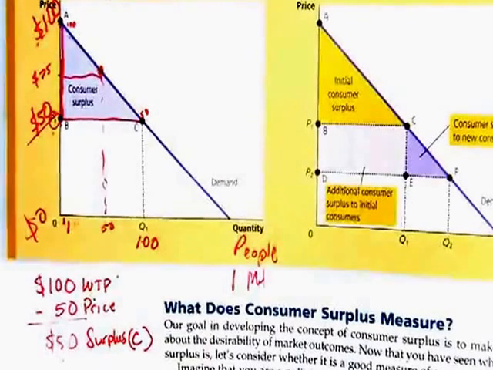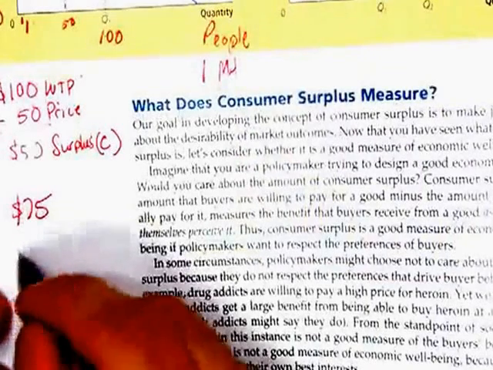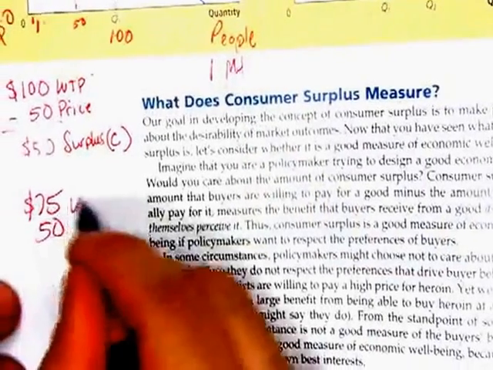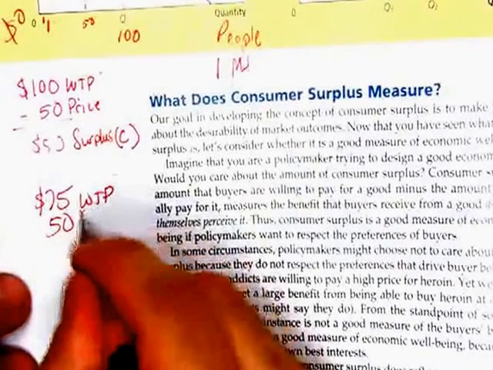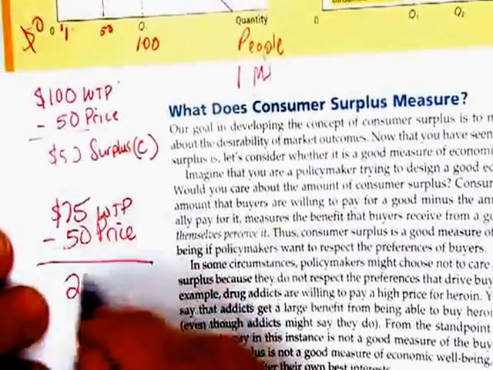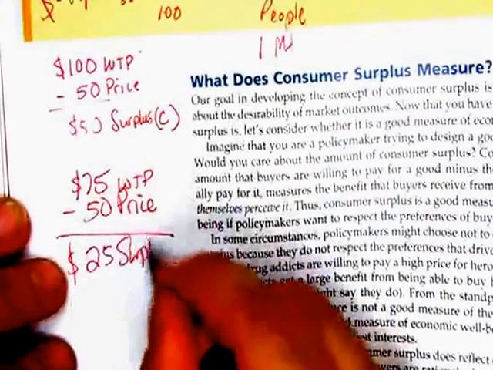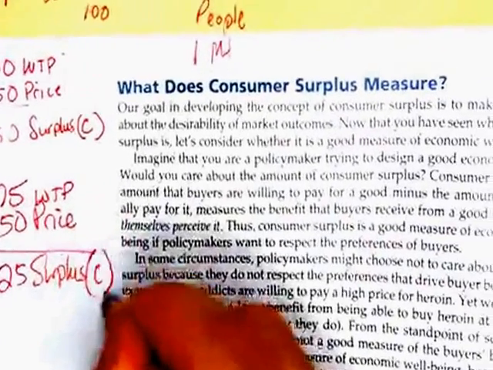Now willingness to pay is $75. The actual price is $50. WTP, price. We still have $25. Now we have $25 surplus. Okay?